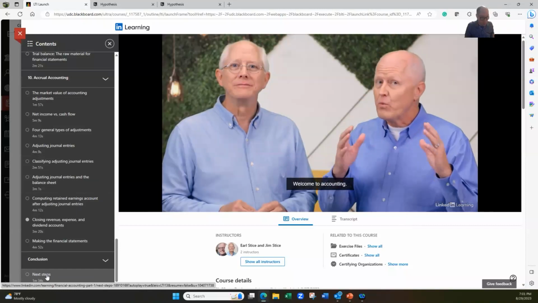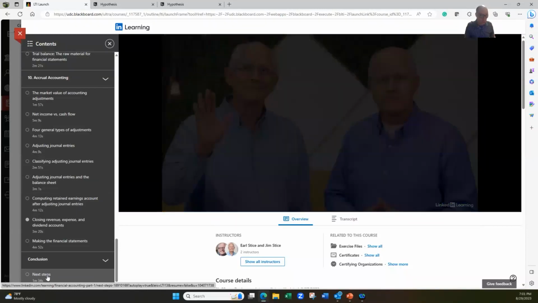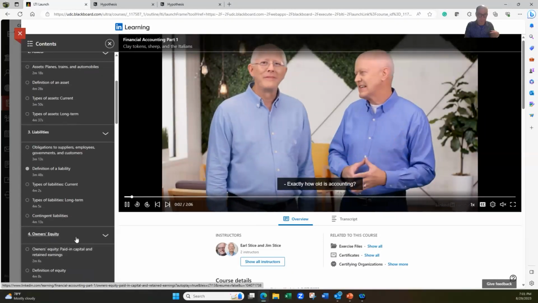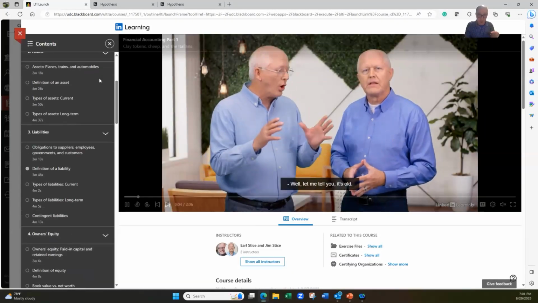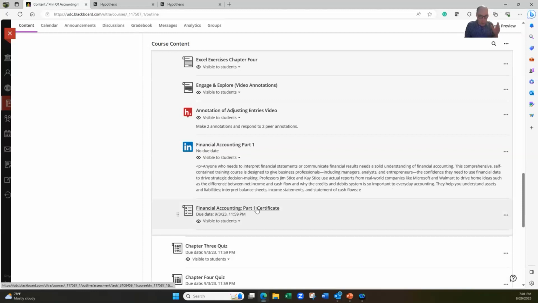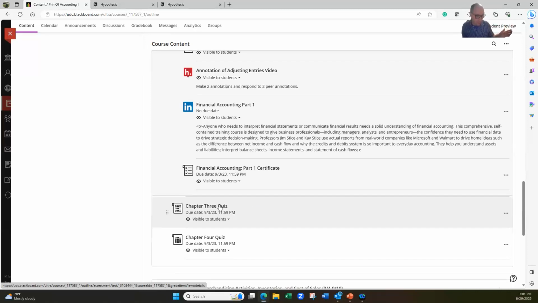At the end, when it comes to next steps, watch that next steps. At the end of that, it will provide you with a PDF option for your certificate. You'll download that certificate PDF. You'll upload that certificate here, the Financial Accounting Part 1 certificate area. And you'll have the Chapter 3 quiz.